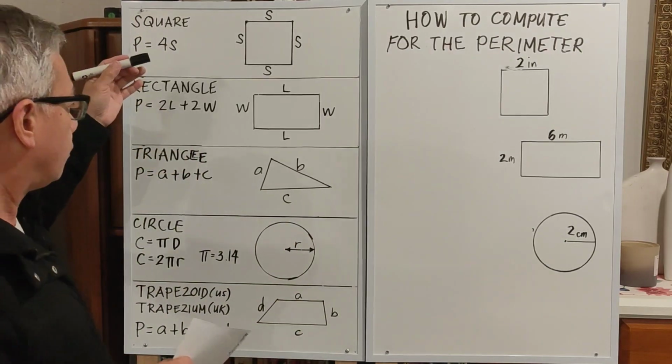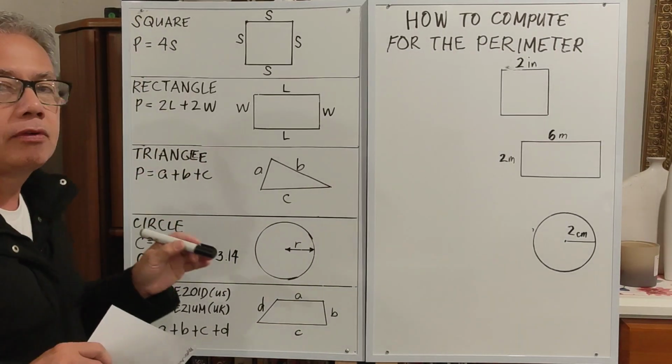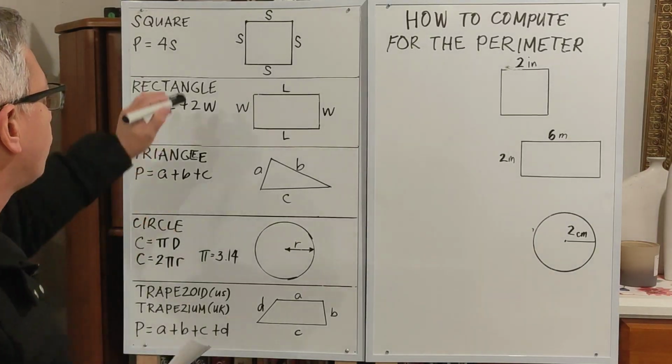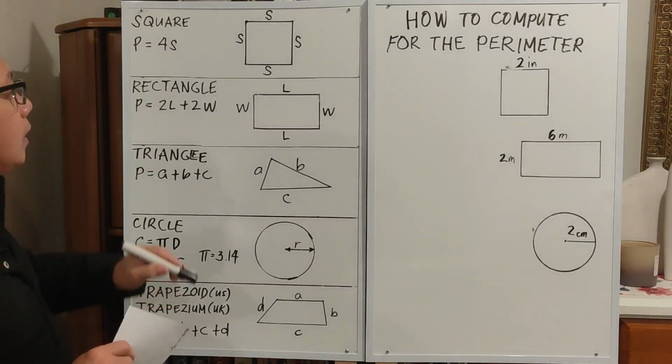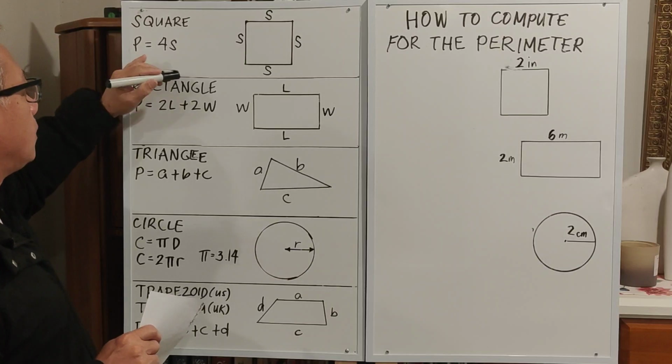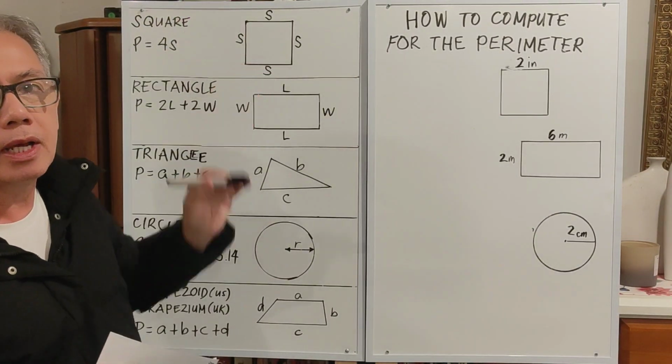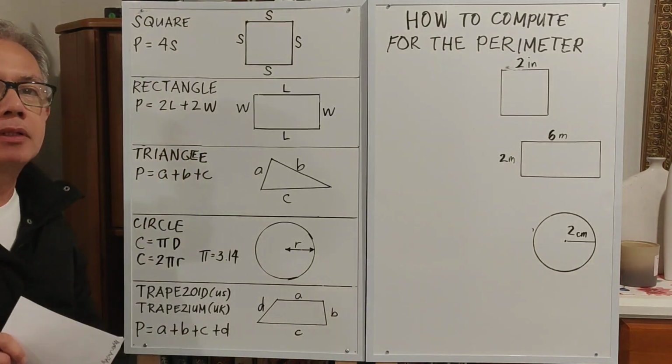Here, we have the formula for the perimeter of the most common shapes. For the square, the perimeter is 4 times the side, so we just take the side and multiply it by 4 and we have the perimeter.